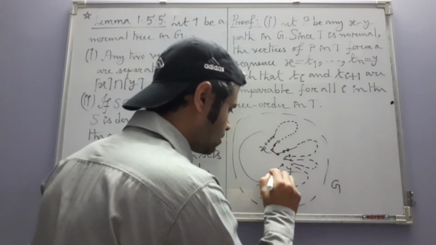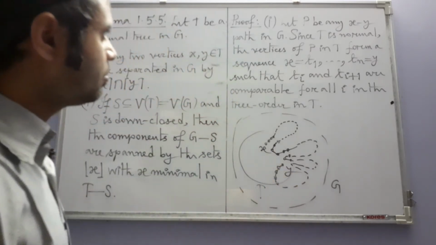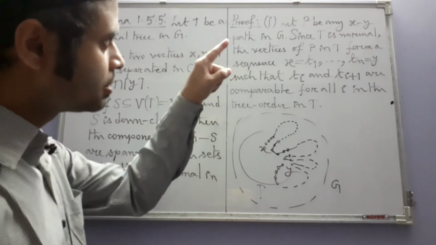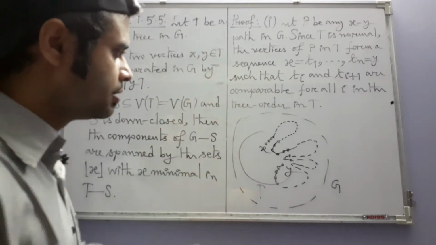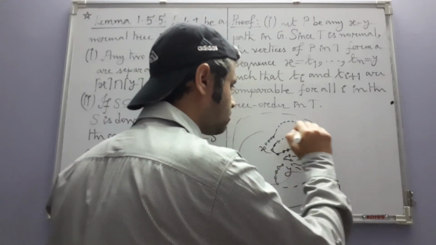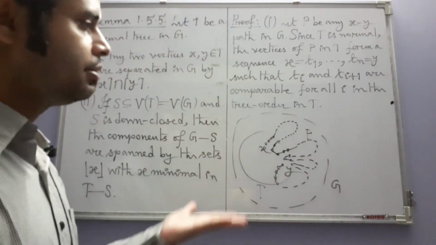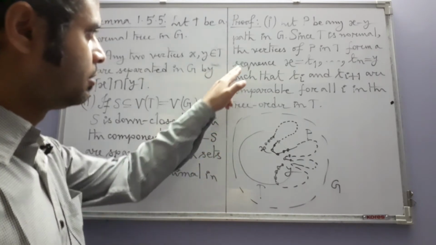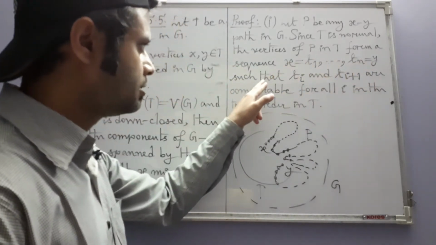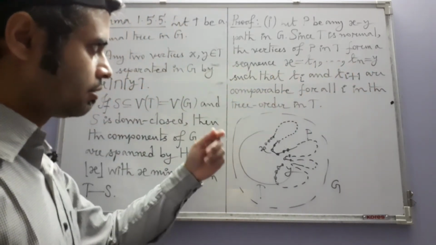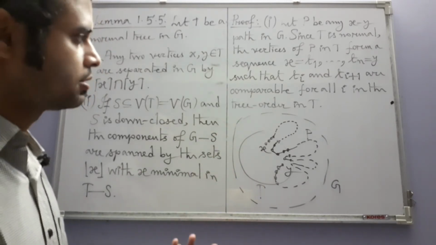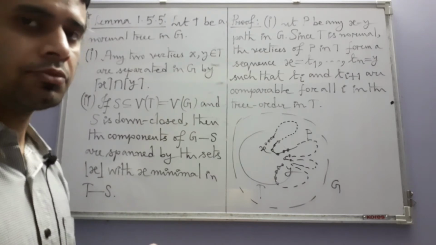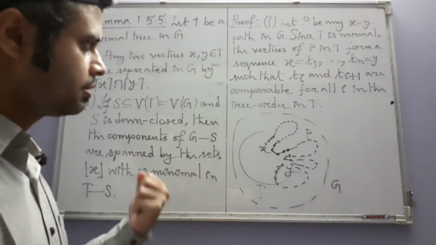So now what the author is saying is that since T is normal, the vertices of P, this is our path P, in T, not outside T, form a sequence like this such that the adjacent terms in this sequence are comparable for all possible i's in the tree order.